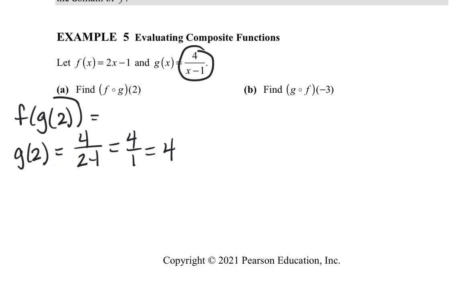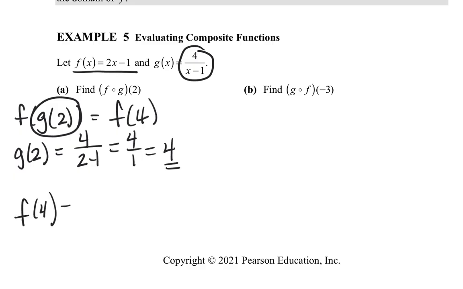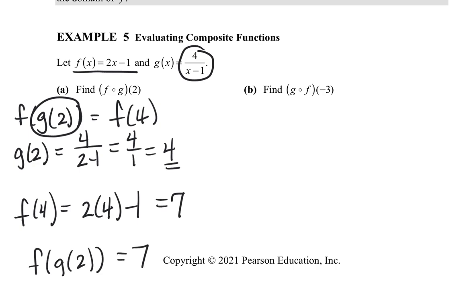So since g of 2 is 4, this is f of 4. Now I can plug into the f function to find f of 4. So that's 2 times 4 minus 1, which is 7. So f of g of 2 is 7. So you work from the inside out.